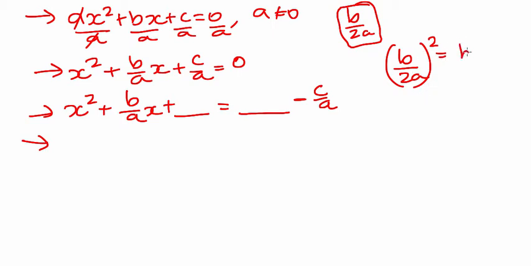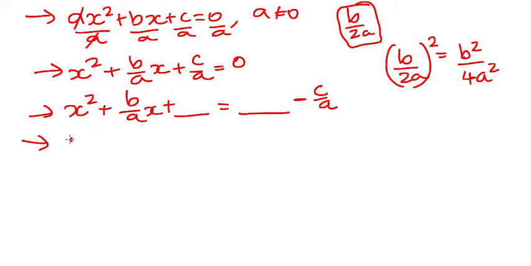When you square this, you get b squared over 4a squared. What I'm trying to do is make the left-hand side a perfect square, so I can take the square root of the left side. That's all I'm trying to do here.